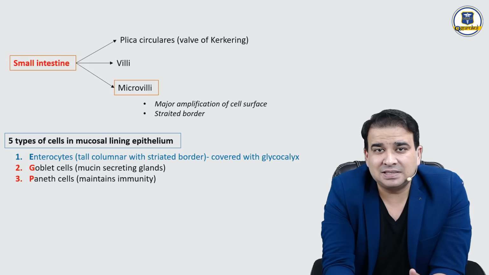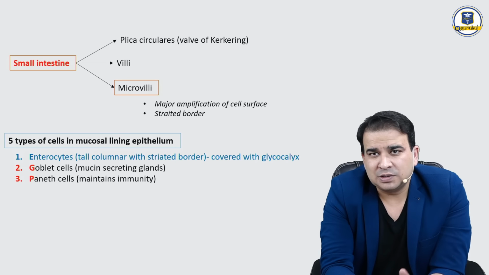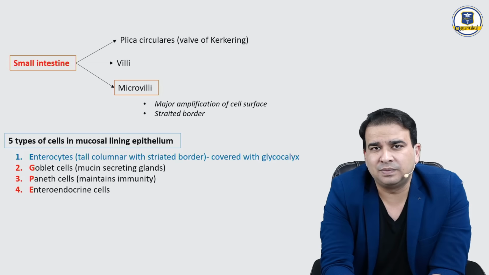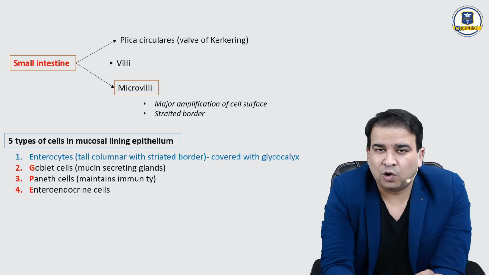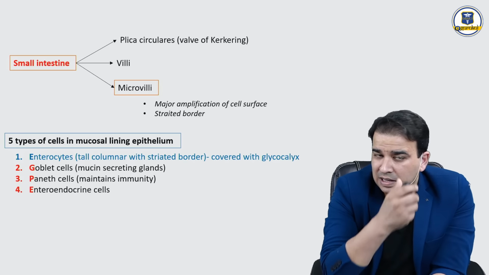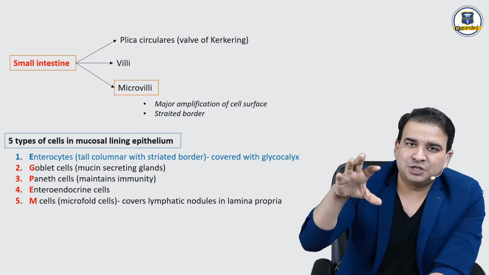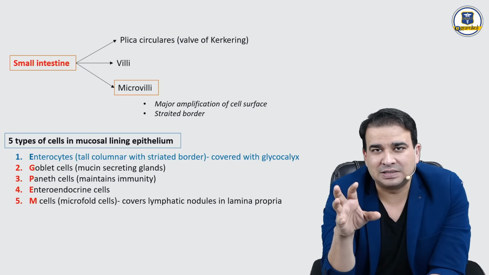We do have Paneth cells. We'll talk more about the Paneth cells in the next section. We also have the enteroendocrine cells, which are found in most of the lining of the GIT. And we also have the M cells, also called microfold cells. These are present in the region where the lamina propria is holding some lymphatic nodule inside.